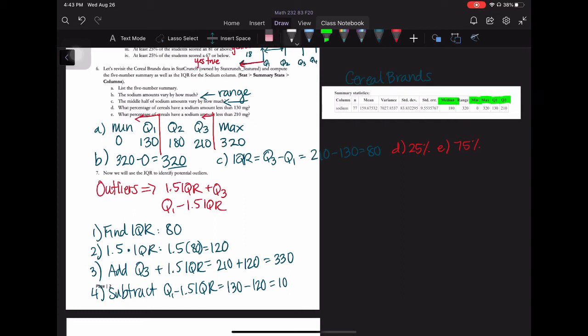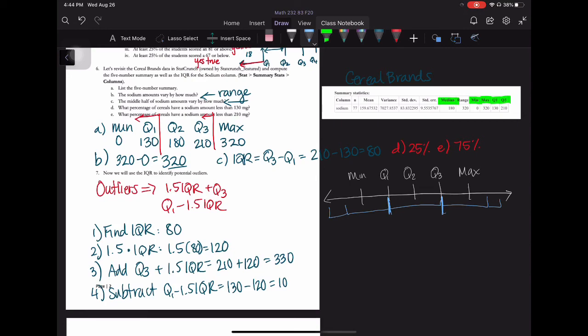Let's say I have this number line, and I have my minimum, my first quartile, my median, my upper quartile, and my maximum. The interquartile range is here, and what we're doing is we're taking 1.5 of that below your lower quartile and 1.5 of that above your upper quartile.